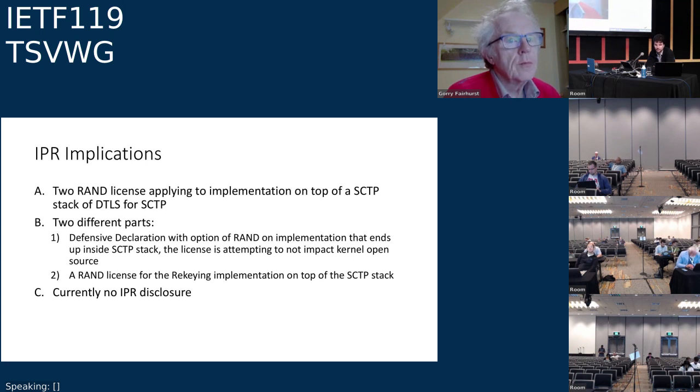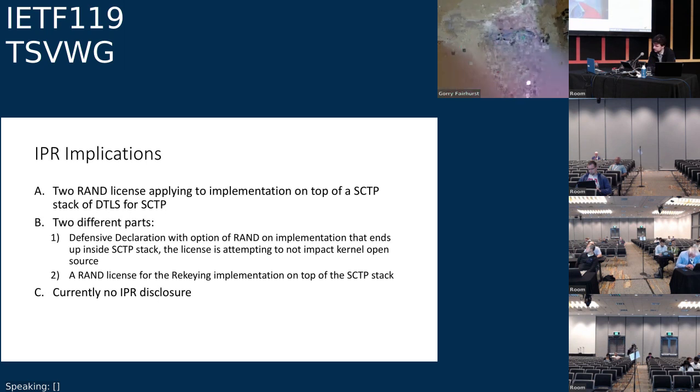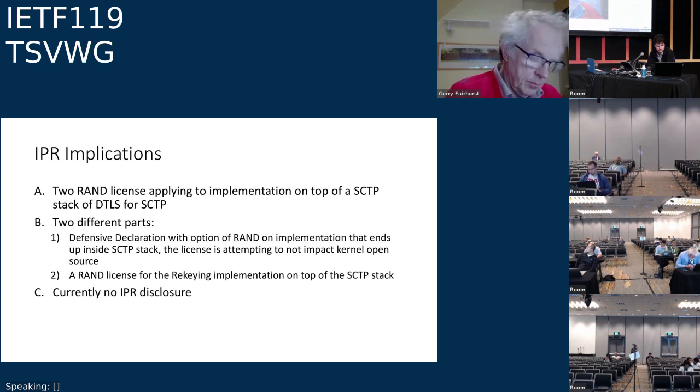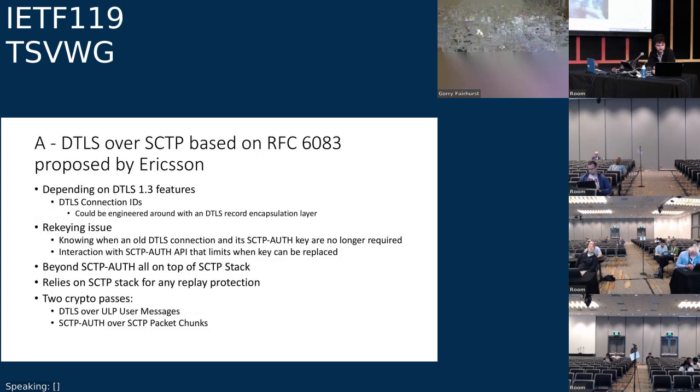This license was written in this way to try to not impact kernel open source. And then you also would need a RAND license on the rekeying implementation on top of the SCTP stack. And as I said, C has no current IPR declarations. Next slide. Okay, Martin.